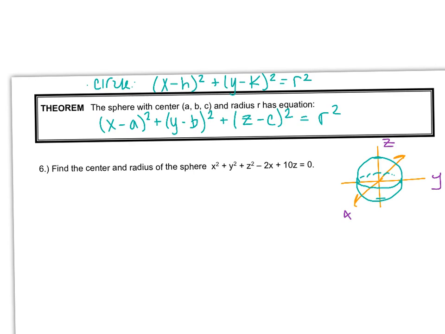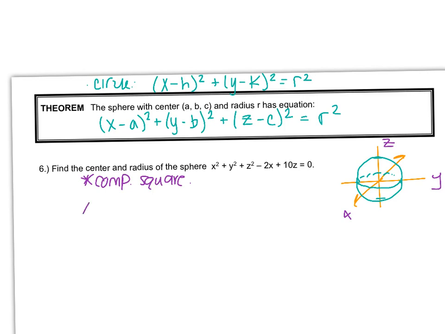The way we did this with circles was we needed to organize my x values together, my y's, and my z's together. And then if you have forgotten, we are going to need to complete the square, which I know we had to review earlier this year, but hopefully that'll be a little more familiar this time.